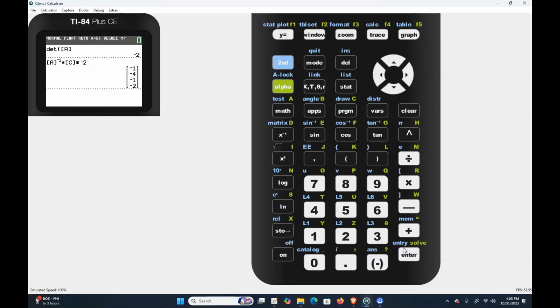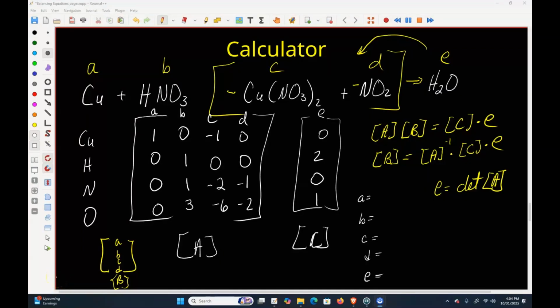So a is -1, b is -4, c is -1, d is -2, and e is -2.